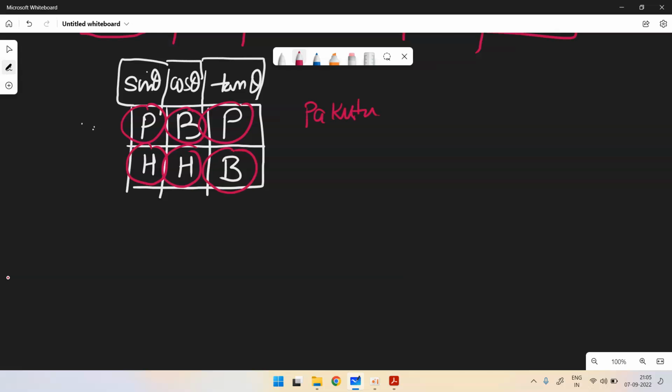It would be incorrect to be against any country, but just for remembering this, Pakistan bhuka pyasa, and this is Hindustan hara bhara. If you write this by this, sine theta will be perpendicular by hypotenuse, cos theta will be base by hypotenuse, and tan theta will be perpendicular by base.